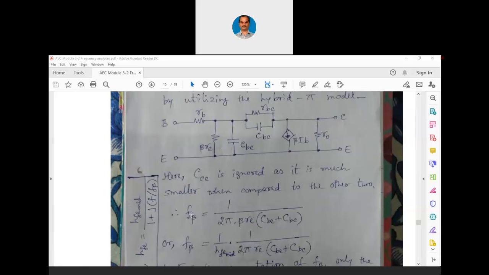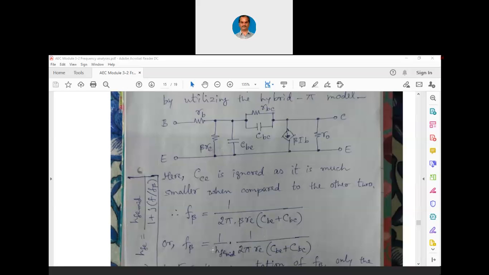You already know that f is 1 over 2 pi RC. So it is 1 over 2 pi into beta into re, and CBE plus CBC, these two are considered. Or f beta can be written as 1 over HFE mid, using the expression which I had written on the side, 1 over HFE mid into 1 over 2 pi into RE into CBE plus CBC.